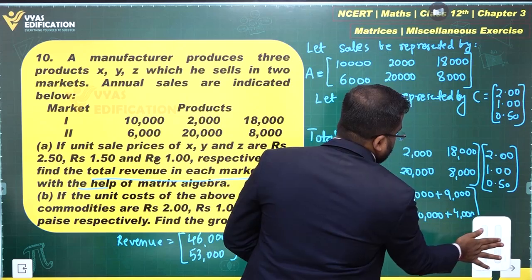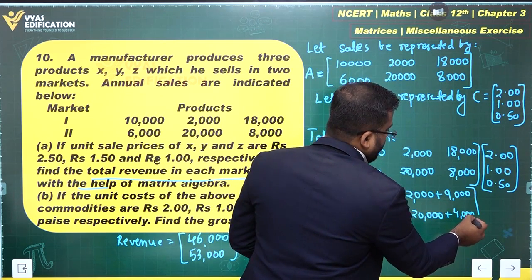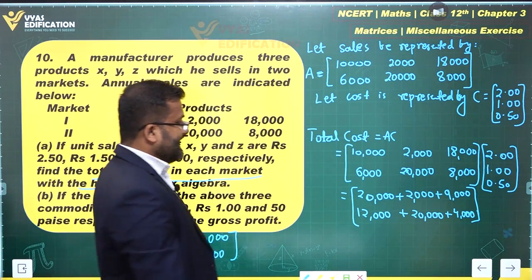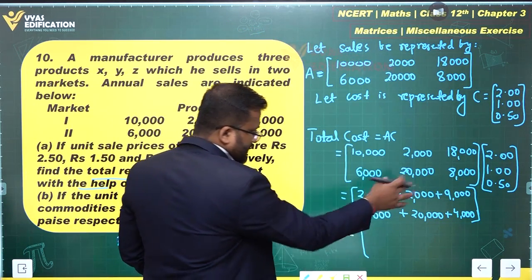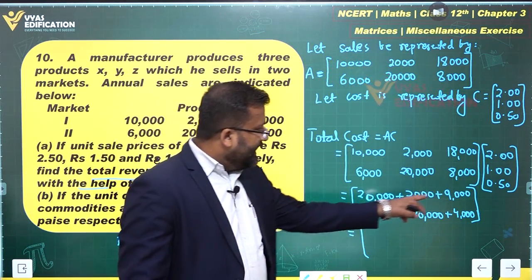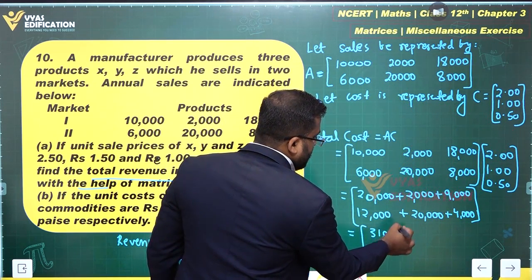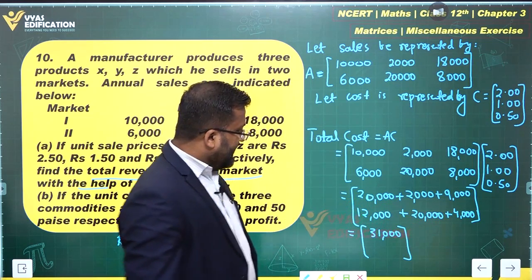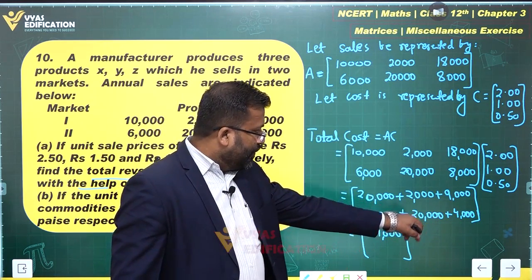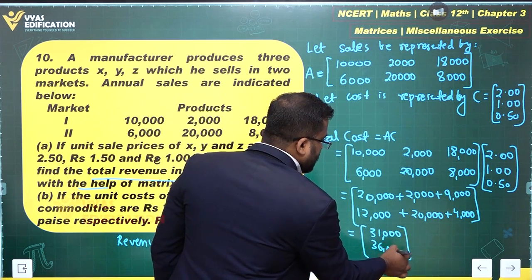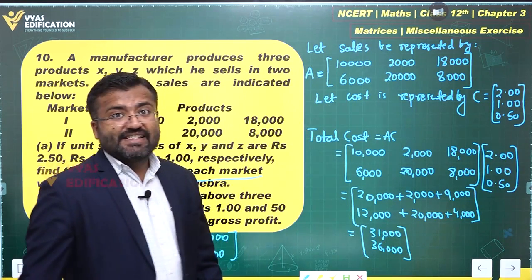That's the total cost for the second market. What happens next? Next, the total cost can be obtained by adding these. 31,000 is the total cost in the first market, and 36,000 is the cost in the second market.